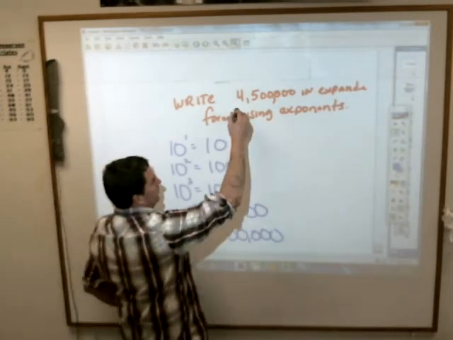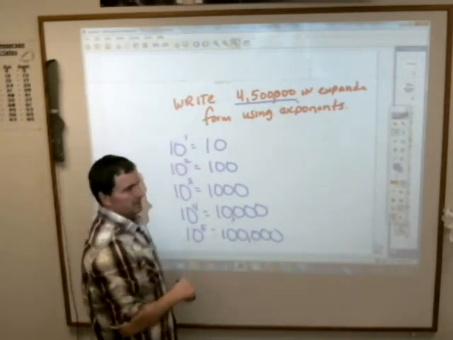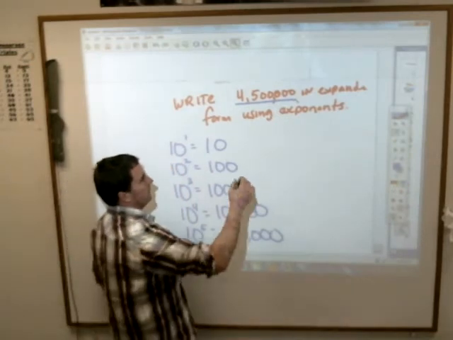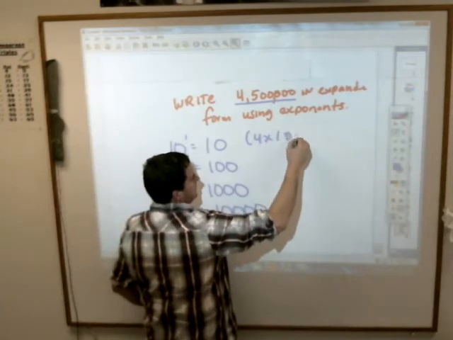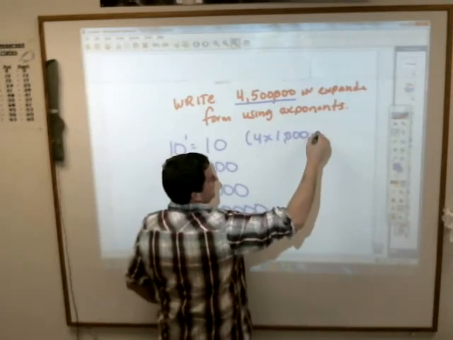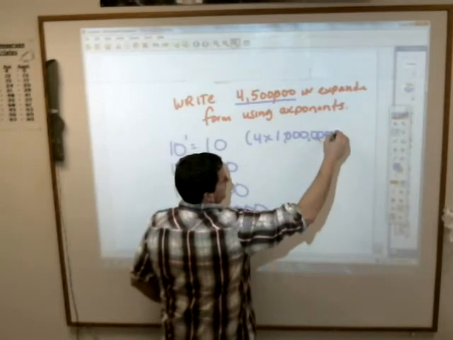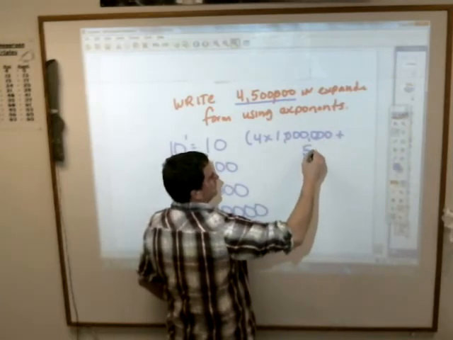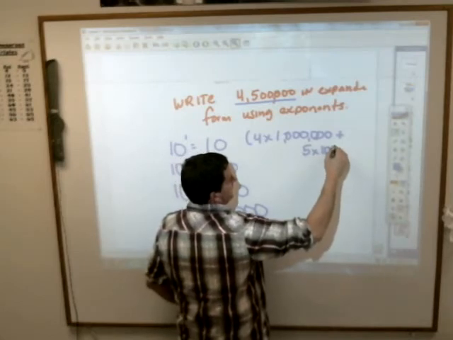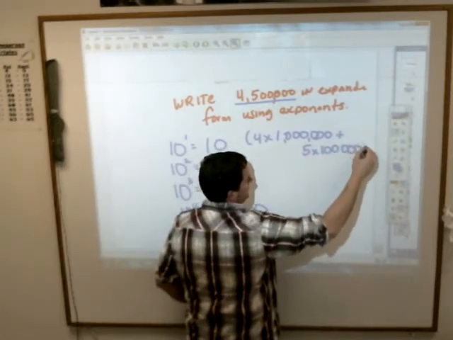Now, normally when we were asked to write that in expanded form, you would write 4 times 1 million, because the 4 is in the millions place, plus 5 times 100,000, because the 5 is in the 100,000s place.